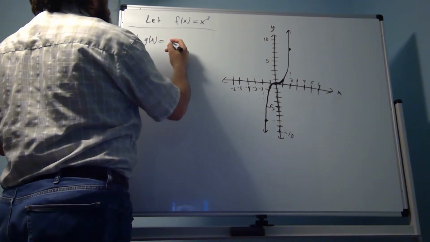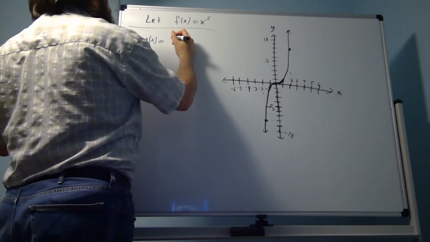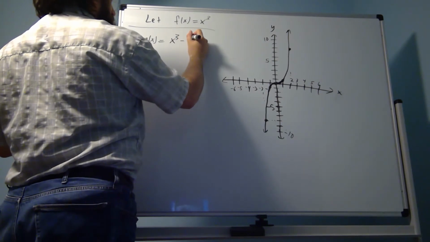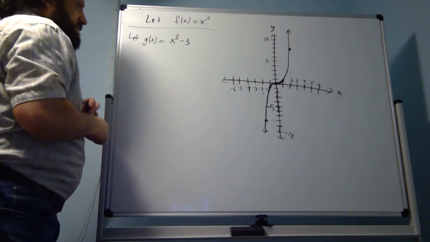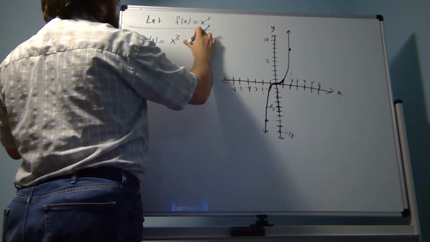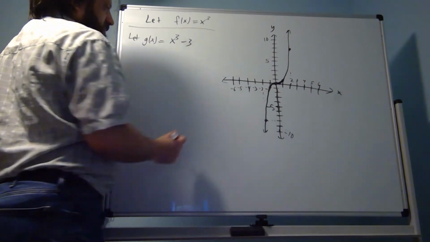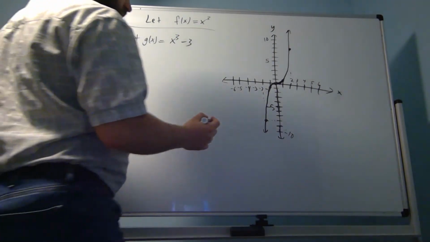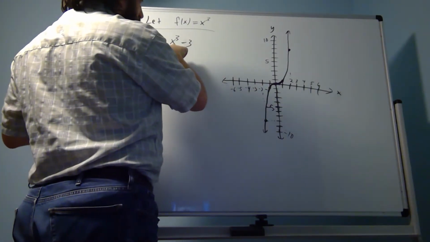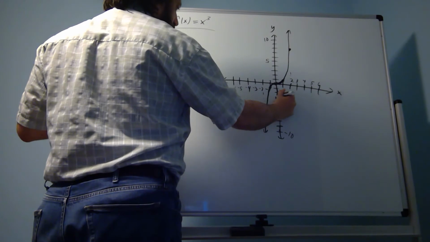Let g of x be equal to, actually, let's not do that one just yet. Actually, that's fine, let's do it. Okay, so what happens? You plug in 0. You don't get 0 as your output. Your output gets decreased by 3.